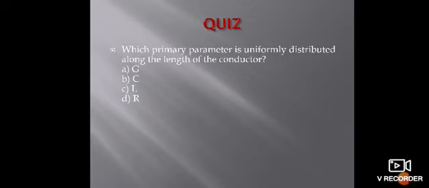G is the conductance, that is the reciprocal of R, C is capacitance, L is inductance, and R is resistance. So please note this question.